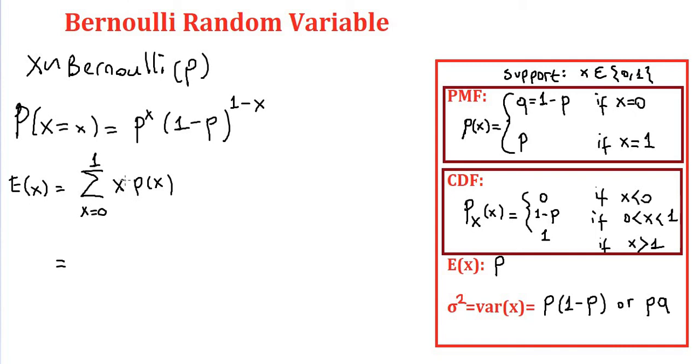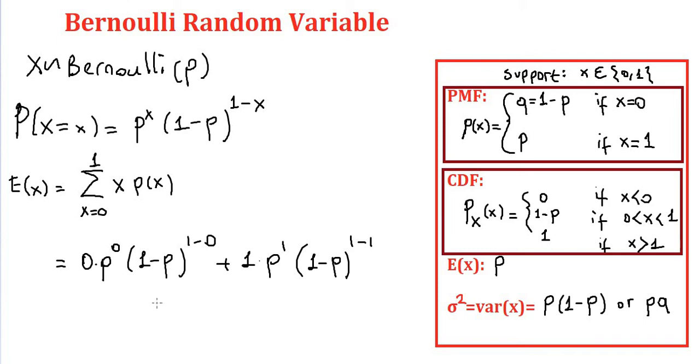If the outcome is 0, then x is 0, so 0 times the density function, which is p to the 0 times 1 minus p to the 1 minus 0. Plus, if the outcome is 1, then it's 1 times p to the 1 times 1 minus p to the 1 minus 1. Here we obtain 0, because 0 times everything is 0, and here we obtain p. So the expectation of a Bernoulli random variable is p, as desired.